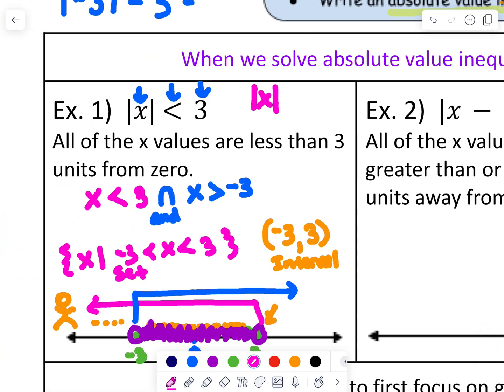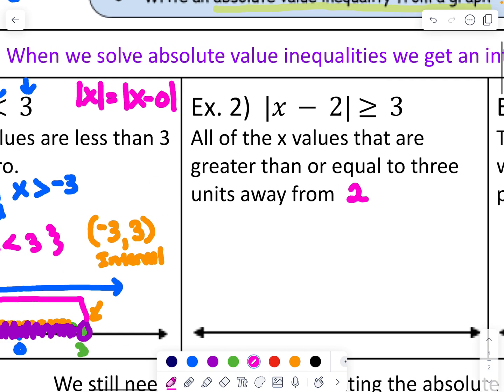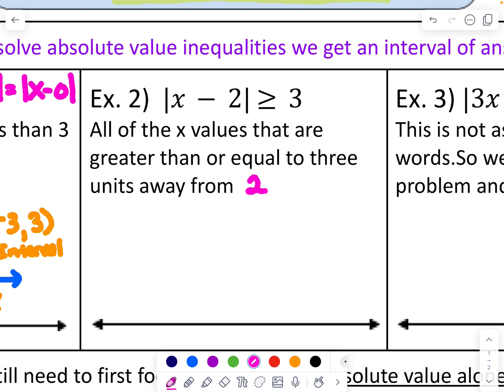Absolute value of x is the same as absolute value of x minus 0, the difference between x and 0. This is the difference between x and 2. So 2 is our middle guy, and we go 3 units in both directions to get the endpoints: 5 on one side, and -1 on the other.